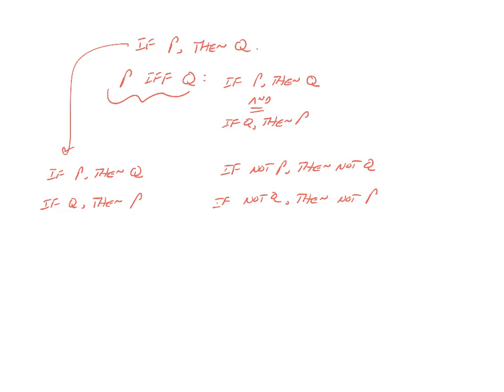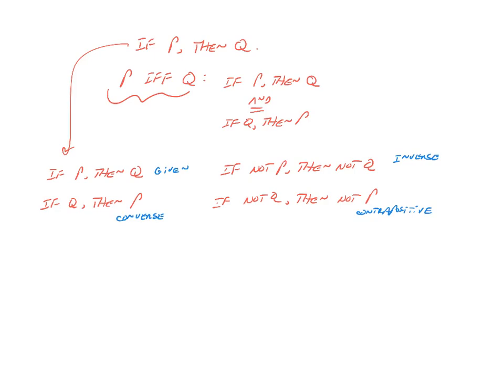All of these have special names. This one would be the original or the given. This one is the converse of the given. This one is the inverse of the given. And this one is the contrapositive of the given.